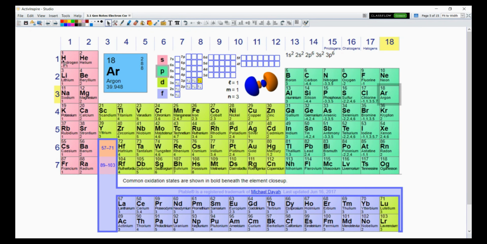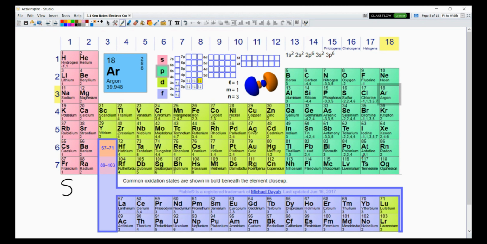And the periodic table is divided up into these groups of sections. So here we see this pink section. Okay, this is called the s orbital. So these 2 rows of the periodic table are signified as an s orbital.